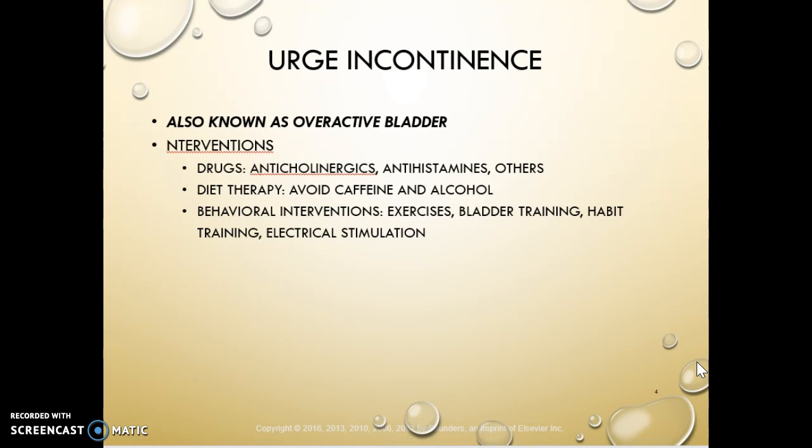And when you're dealing with an older person that's had a history of bladder spasms and been on some of these medications, if their BUN and creatinine is elevated, is that drug related because of the side effects, or what's really going on? So just remember that as a key thing as well. They can, of course, do exercises and bladder training, and electrical stimulation can also sometimes be helpful to improve this.